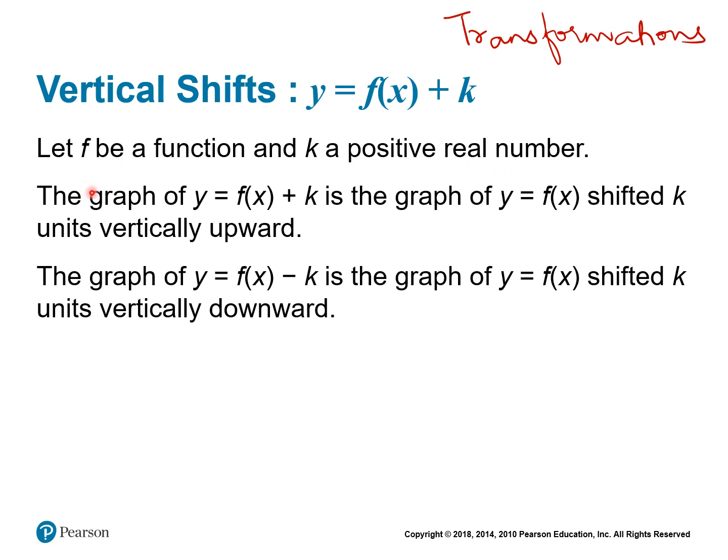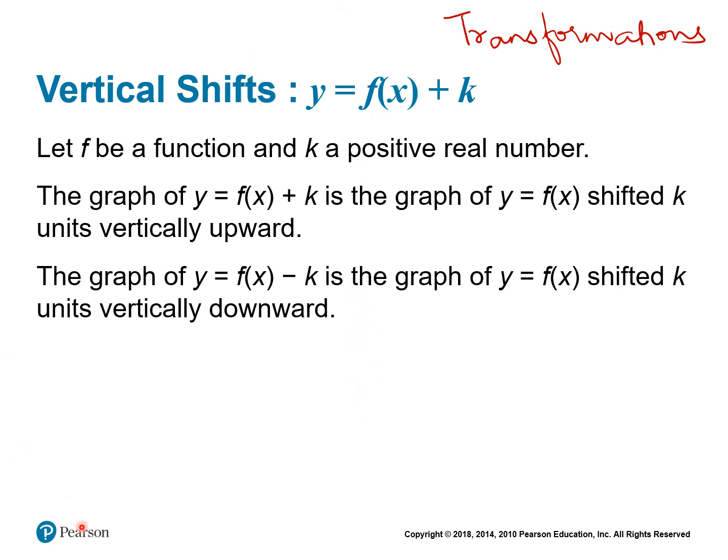So the graph of y equals f of x plus k is the graph of y equals f of x shifted k units vertically upward. And if k is a negative value, then the graph slides vertically down.